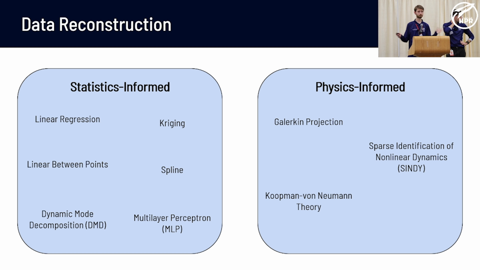So we investigated a variety of different interpolators to address this, and they can be broken down into statistically and physics-informed methods. Statistically informed interpolators are conventional in that they just look at patterns in the data and try to regress it. Whereas physics-informed methods are a little bit more involved. They leverage things like the Navier-Stokes equations to try and provide a more sound estimate based on the knowledge of the physics.